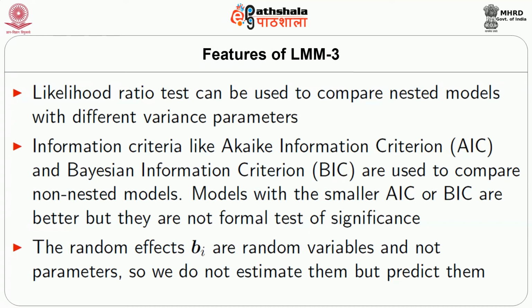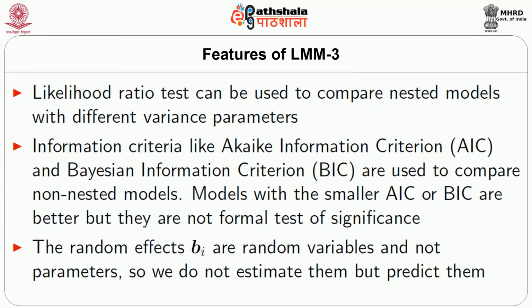The idea of model comparison with AIC and BIC is that the smaller the AIC or BIC, the better the model. But it should be noted that they are not formal tests of significance. They can compare, based on information or log likelihood, which model is better than the other given the data, but they are not a formal test of significance.